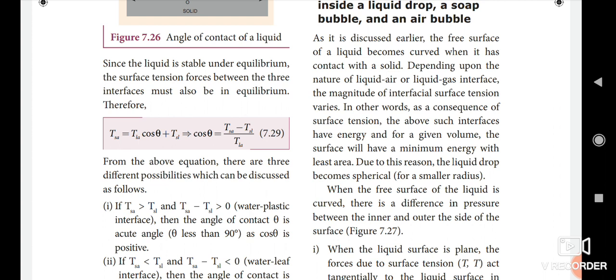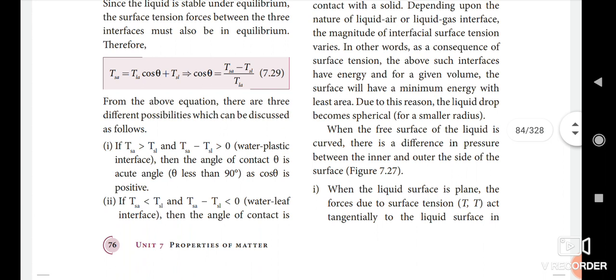Liquid-air and liquid-gas interfaces. Here the surface has some energy for a given volume, so the surface will have minimum energy with the least area. When the area is least, the surface has the minimum energy. For this reason only the liquid drop becomes spherical in shape.